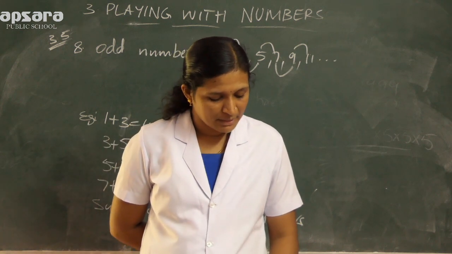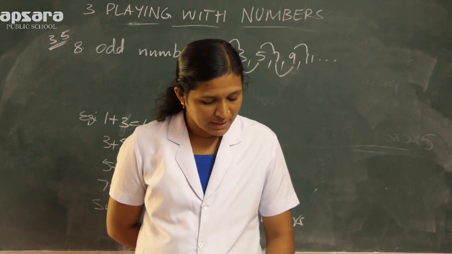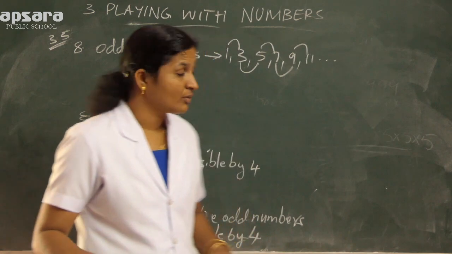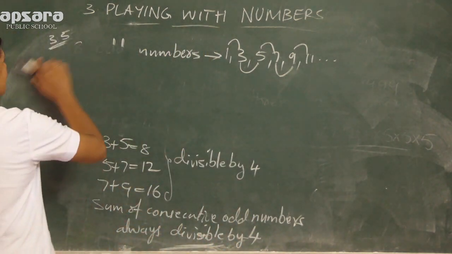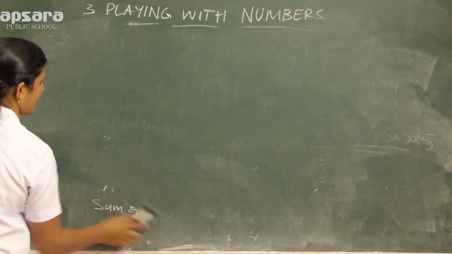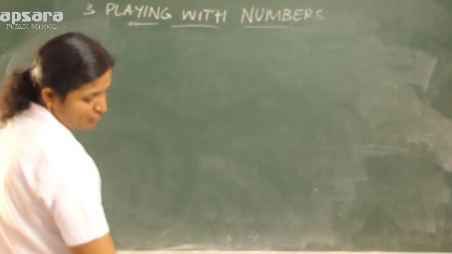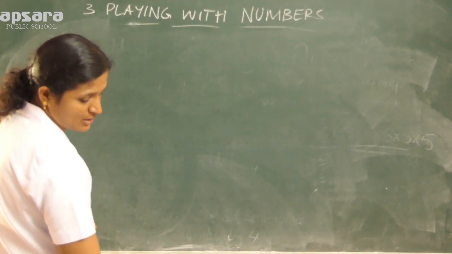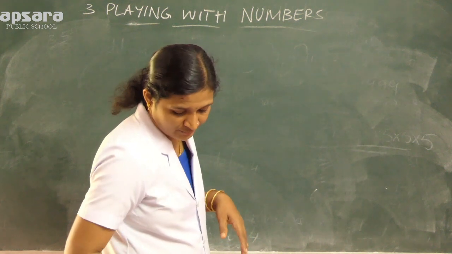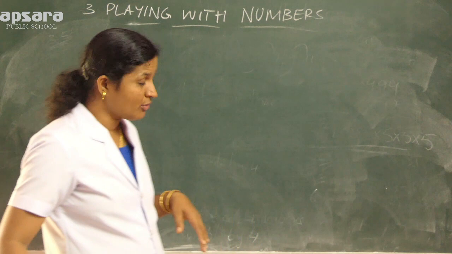Now the next, question number 10. Determine if 25,110 is divisible by 45. Okay. One hint is given, 5 and 9 are co-prime numbers, and test the divisibility of 5 and 9.